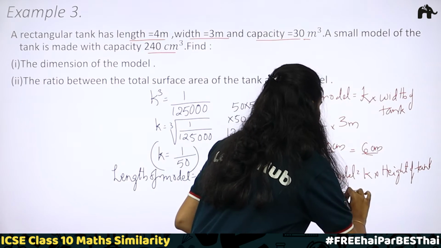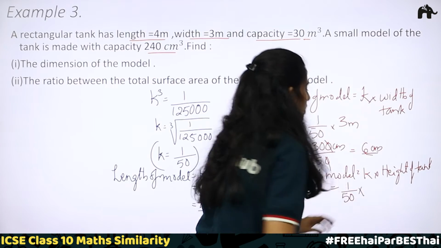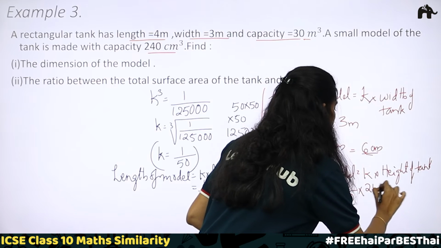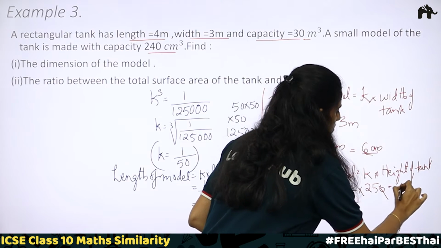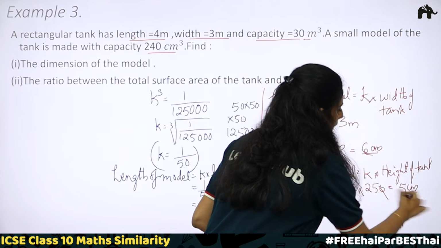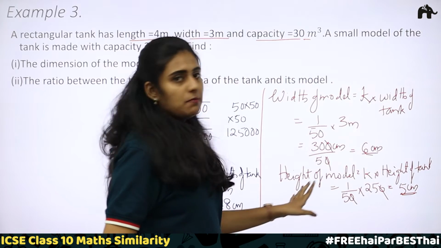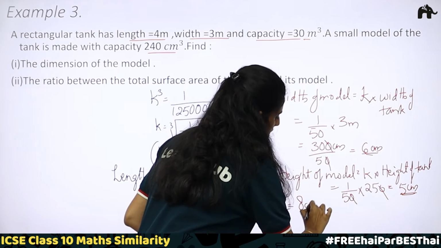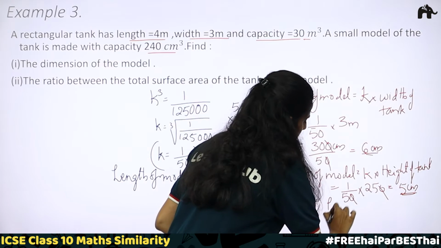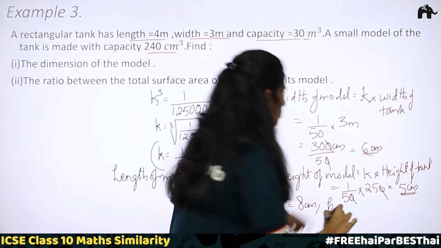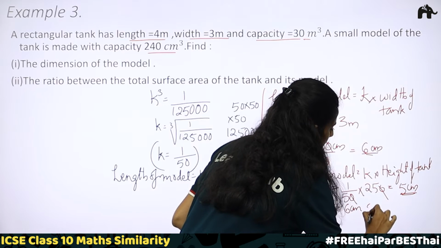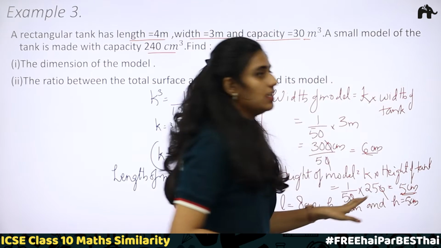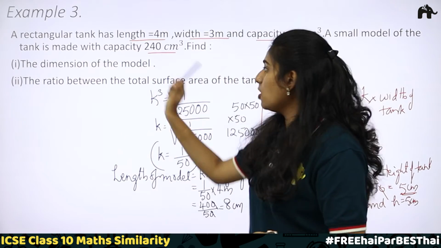K is 1 by 50 into, we have height 2.5 meter, which is 250 centimeter. Cancelling zeros, we get 5 centimeter as the height of the model. Therefore, length L is equal to 8 centimeter, width B is equal to 6 centimeter, and height h is equal to 5 centimeter, which are the required dimensions of the model.